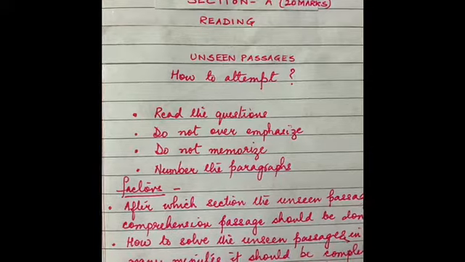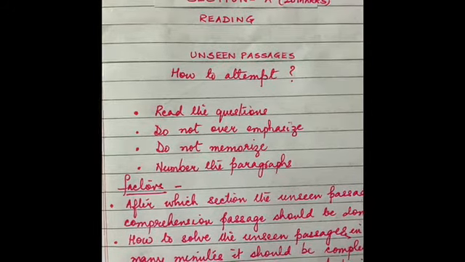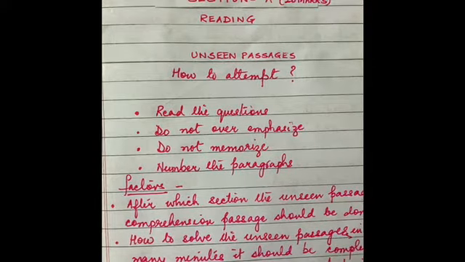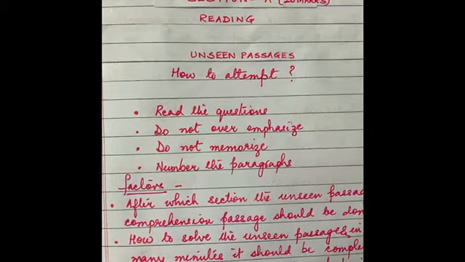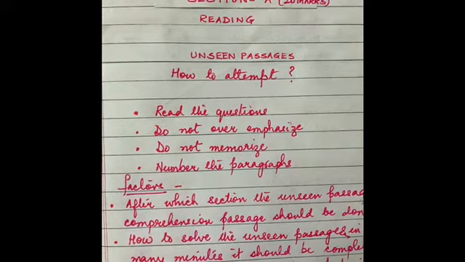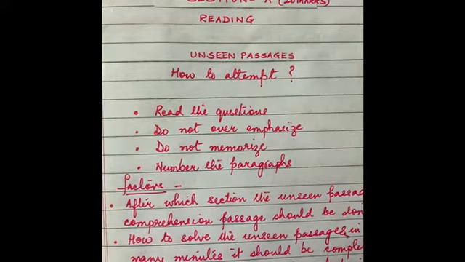And how many questions you get to solve in the reading section? You get only 2 questions, one of 8 marks and the other of 12 marks. So in reading section, you get 2 passages to solve, one discursive and the other factual. And if we talk about the allotment of the time to both, then you should devote 15 minutes time to each.